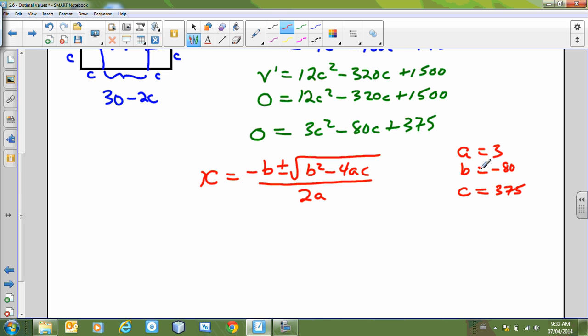This is not the c that's actually in the question, that's just the general form of that calculation. And so now I'm actually looking for the value of c here. So my real c is going to be equal to negative 80.